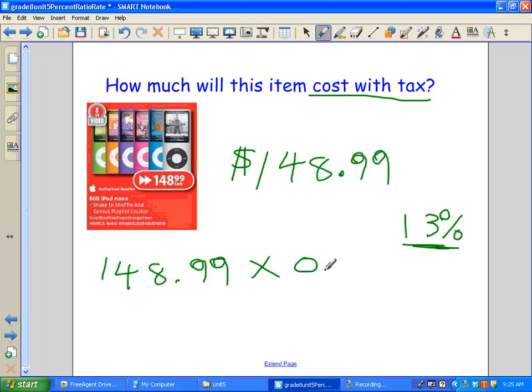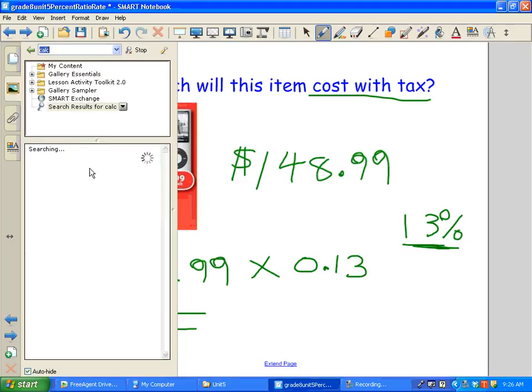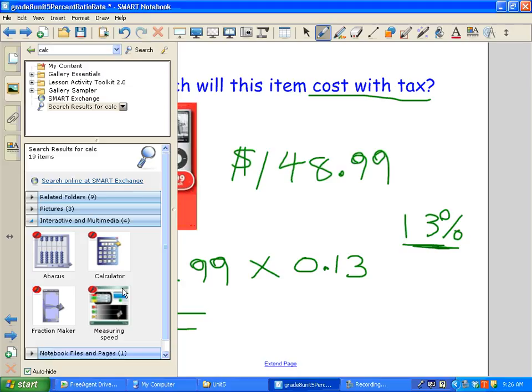So we'll go 0.13. That's 13 hundredths. So when you multiply that together using the trusty old calculator, let's see what we get here.